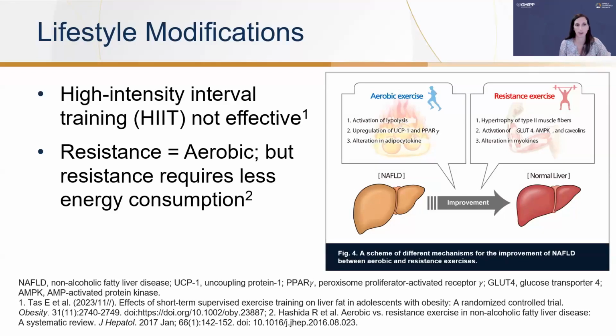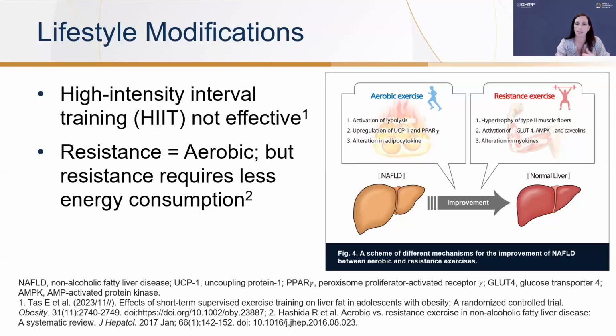So the first one was around high intensity interval training, and that is such a hot topic these days. And this study was done in adolescents, age 13 to 18, with risk factors for MASLD. Some of the participants did have MASLD, but it did not show that it was effective in reducing liver fat, by the intrahepatic triglycerides.